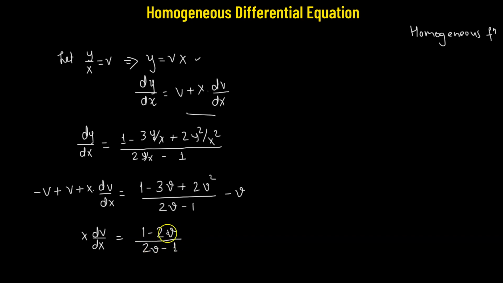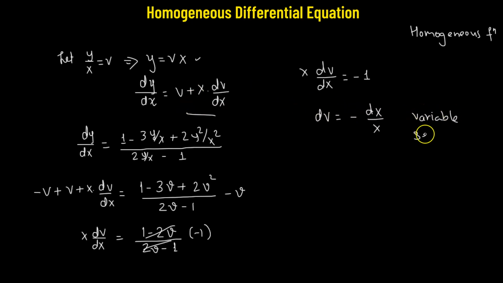And this will cancel out, leaving us with negative 1. That means we are now left with x dv over dx equals negative 1. Separating the differentials, we get dv equals negative dx over x. Now we have successfully reduced our given differential equation to a variable separable form.